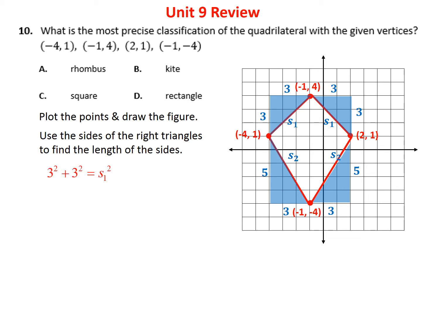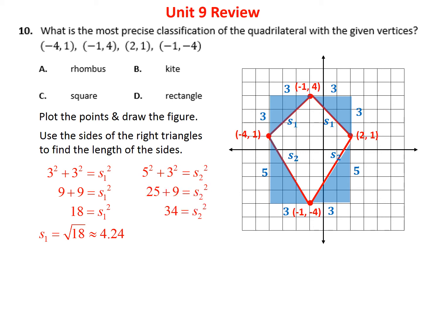The sides that are 3 and 3: 3 squared plus 3 squared equals S1 squared. So that means 9 plus 9, or 18, is S1 squared. So side 1, these 2 sides on top, are the square root of 18, or about 4.24. The key thing though is they're the same. That has to be true for being a kite. The next one is 5 squared plus 3 squared, our bottom sides.